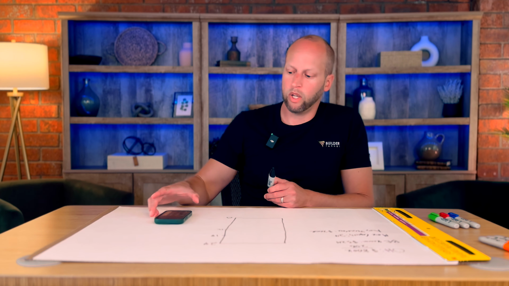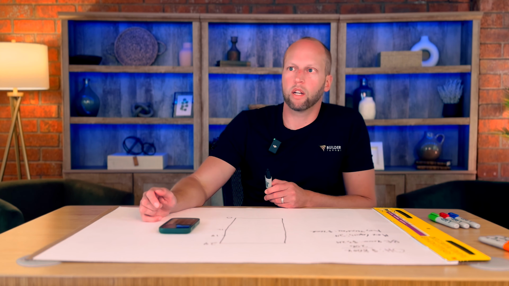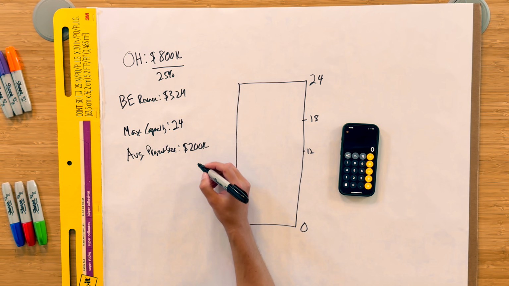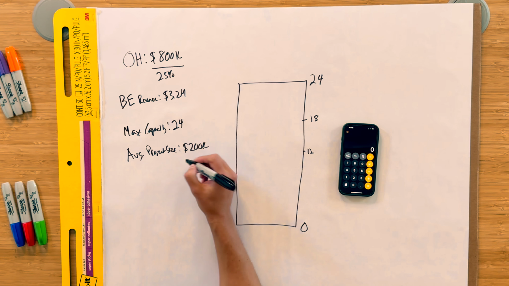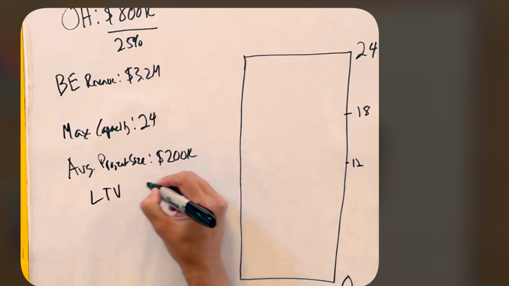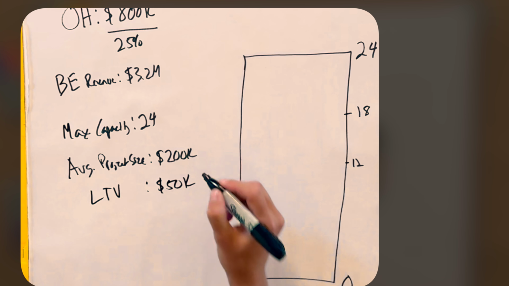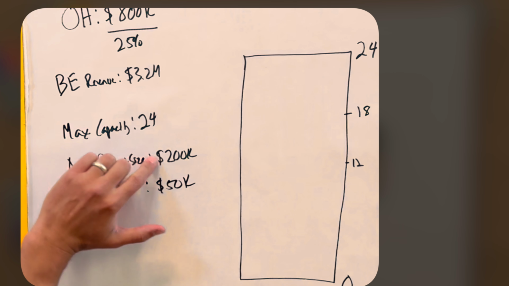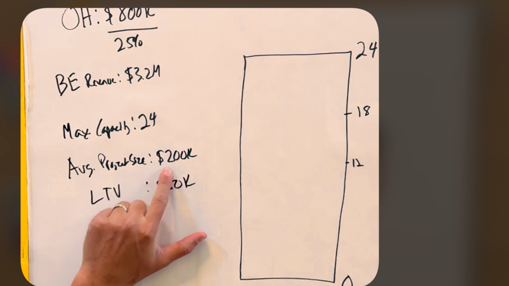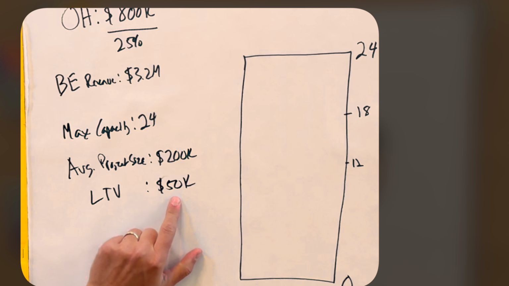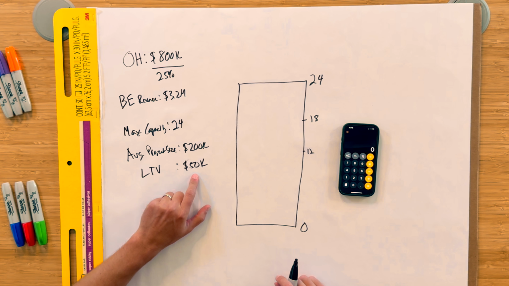So if we have an average project size of 200,000, and we have a 25% gross margin, our LTV is 50,000. We take our average project size of 200,000, multiply it by our gross margin, 25%, and that gets us to what this customer is worth to us.